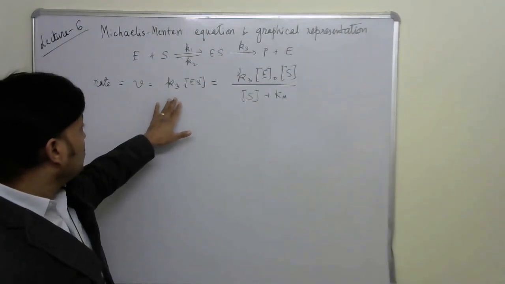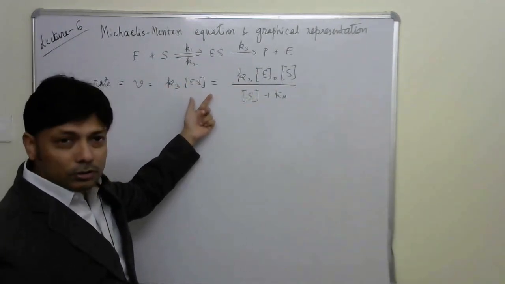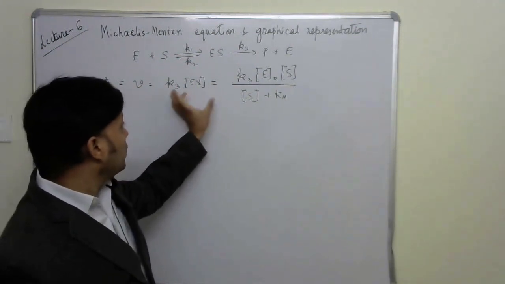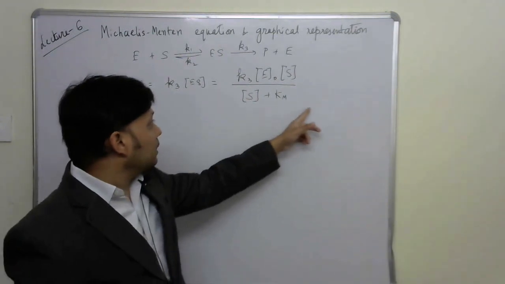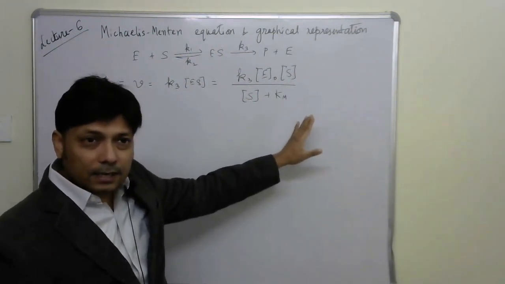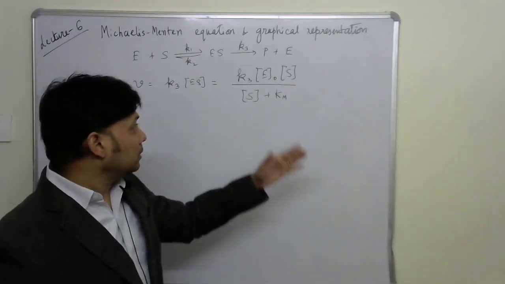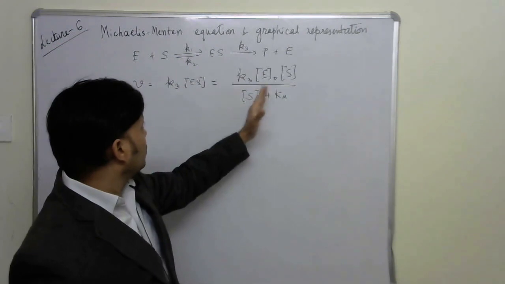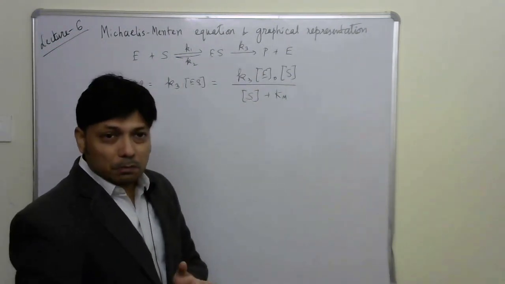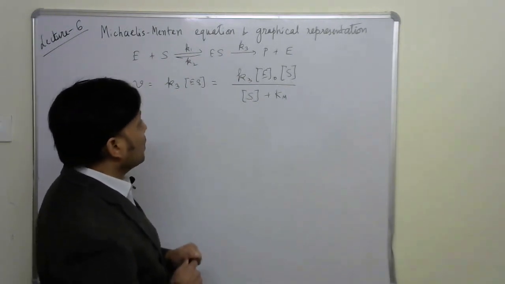The rate finally depends on K3 multiplied by the concentration of ES, and we found that this expression came down to something like this, which is denoted as the Michaelis-Menten equation after the two famous scientists, Michaelis and Menten, who initially derived it.